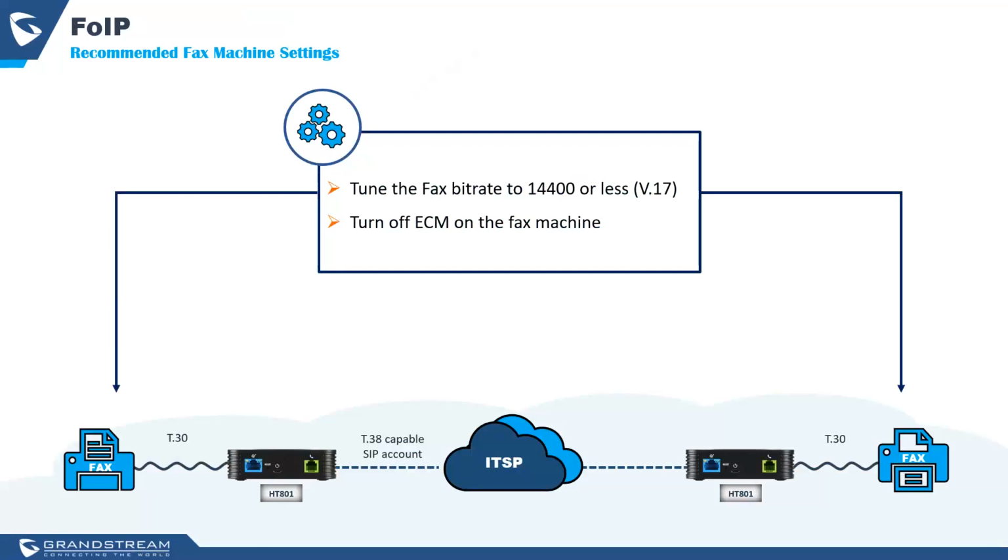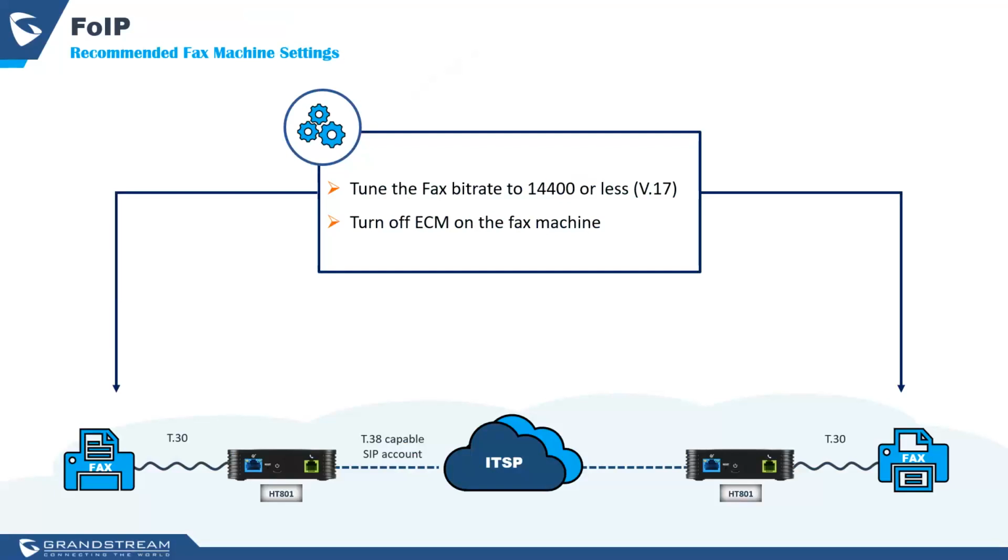From what I just mentioned, it sounds like it is an important feature to enable. However, ECM can increase the number of data blocks that need to be transmitted because of checksum errors. And occasionally the fax will just fail when the maximum number of retransmissions is reached, which is usually 3 retransmissions. This is very typical in a network environment with high jitter and packet loss.